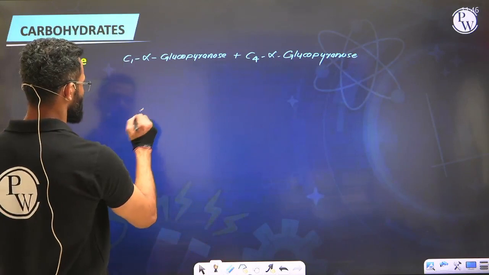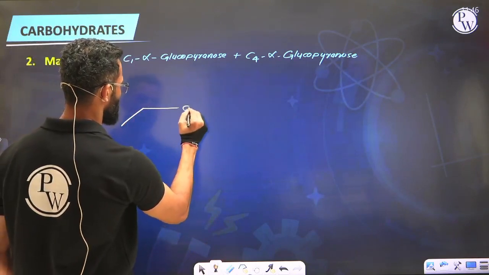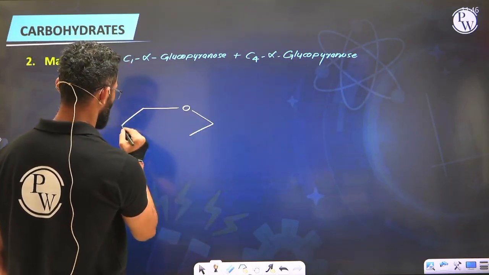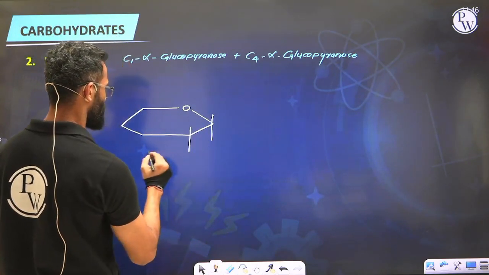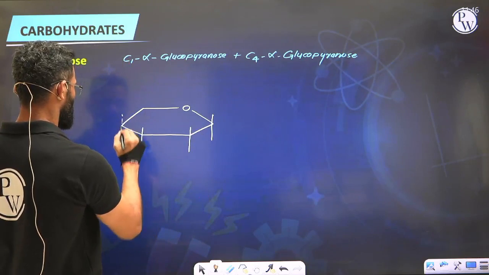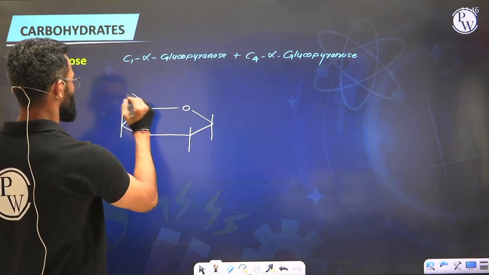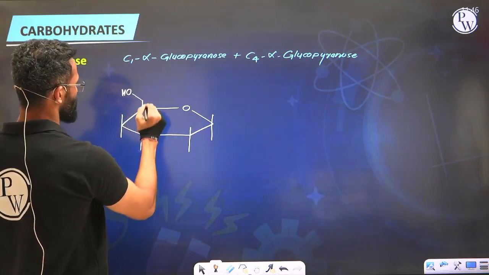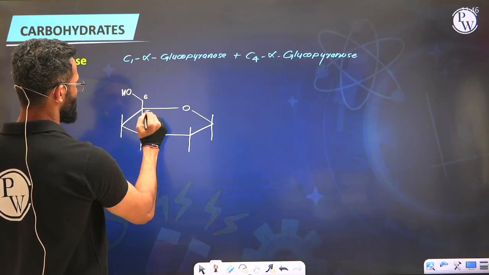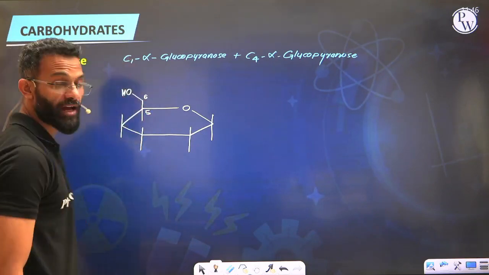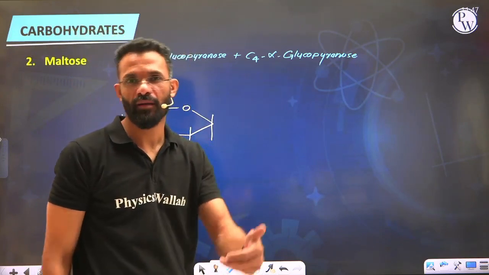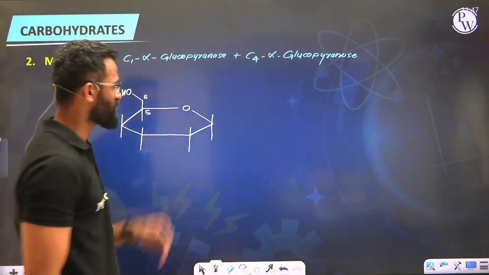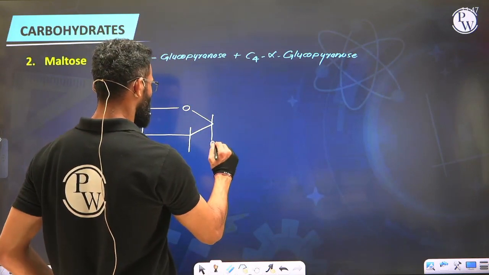So let's say this is CH2OH, carbon number 6, carbon number 5. Since we are talking about alpha, alpha meaning CH2OH from carbon number 5 and OH from carbon number 1 have to be on the opposite side of the plane. So OH I'm putting downward.